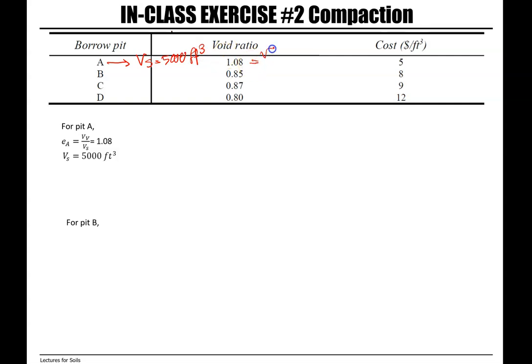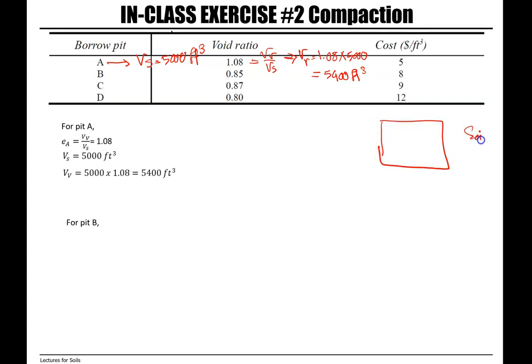Void ratio is volume of void to volume of solids. So if we need 5,000 cubic feet of solids, then volume of void is 1.08 times 5,000, so volume of void is 5,400 cubic feet. So for soil A, volume of solids is the same, 5,000 cubic feet.